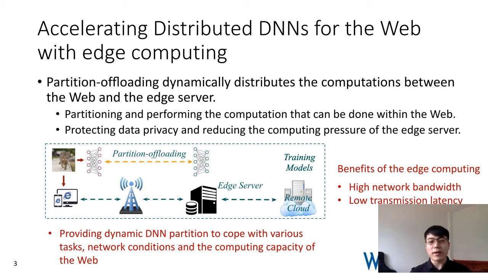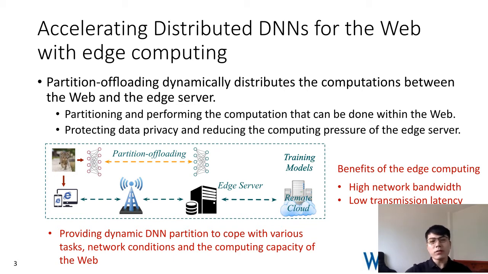So we can protect data privacy by transmitting the intermediate results to the edge server for executing the rest of the inference instead of transmitting the whole task.